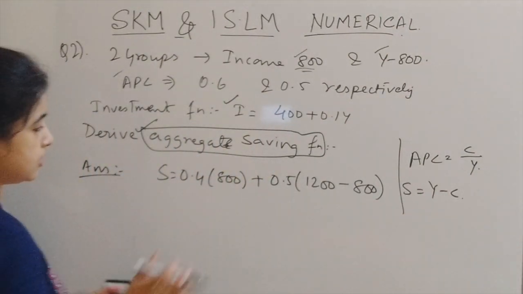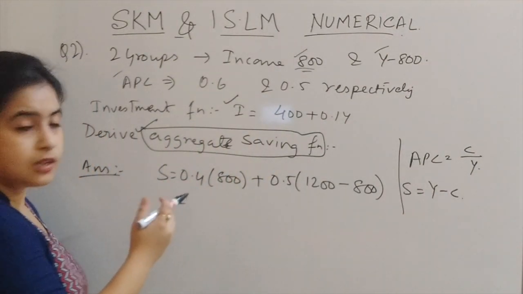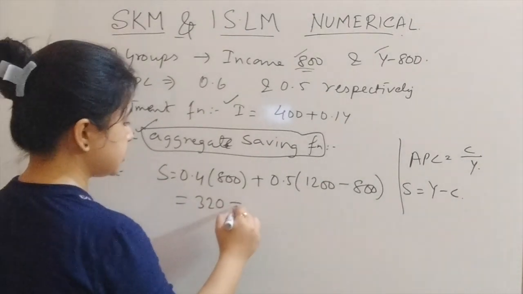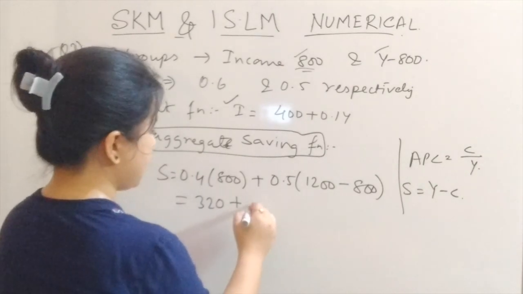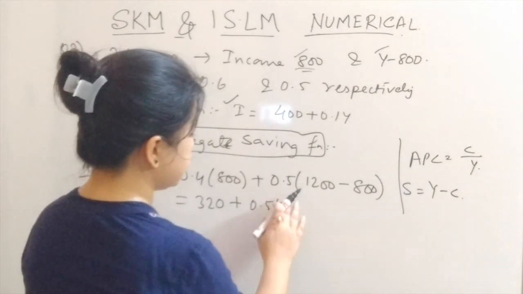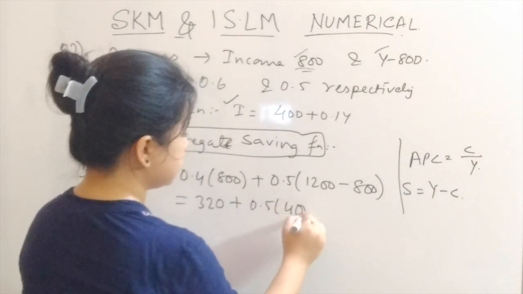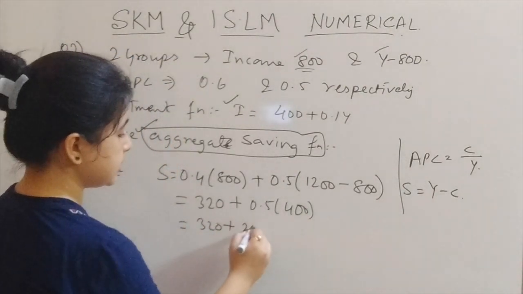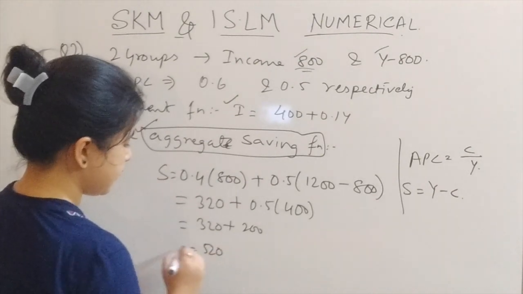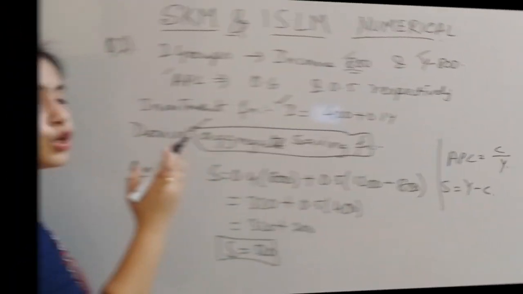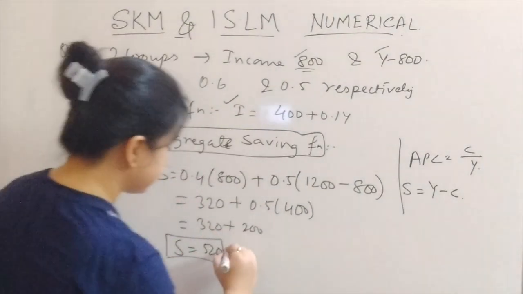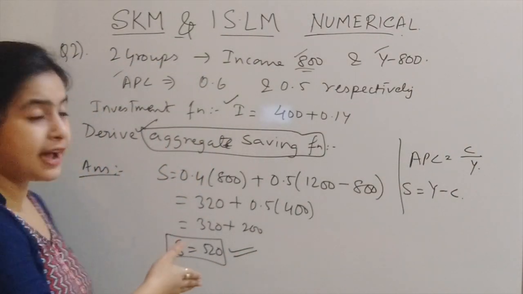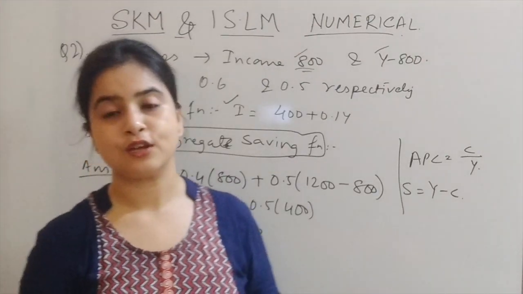Once we solve this, we have 320 plus 200, so this is 520. So here we have the value of the aggregate saving function as 520.